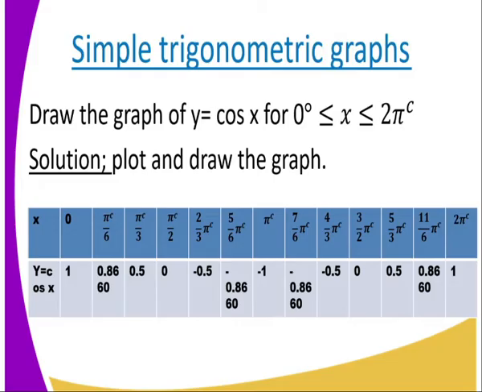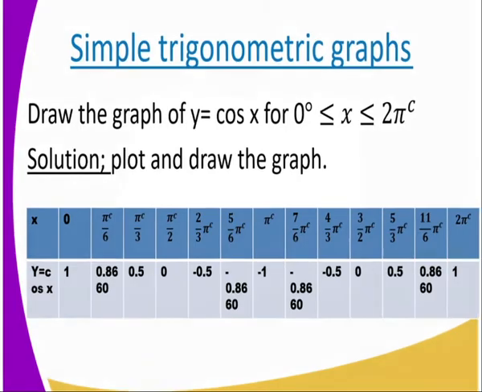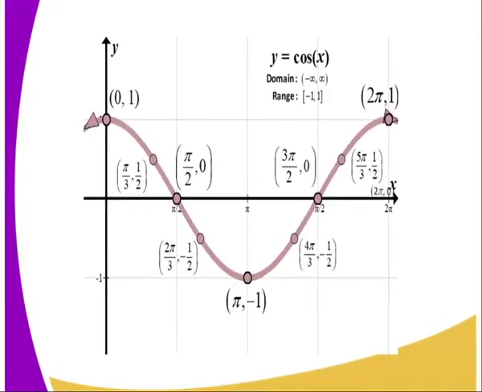As you can see, I have the angles from 0 all the way to 2 pi radians. So in that case, we have the values there. We have 0 is 1, pi by 6 radians, which is 0.8660. We have the values there. Then we plot them and get that kind of graph.